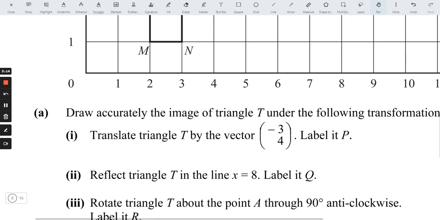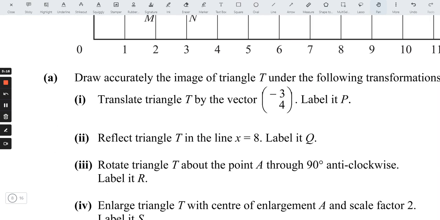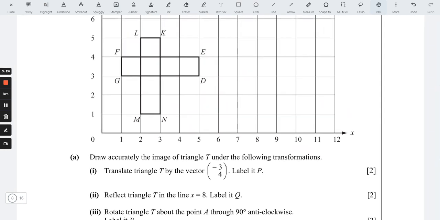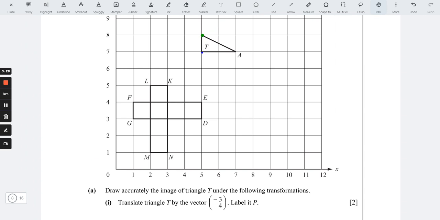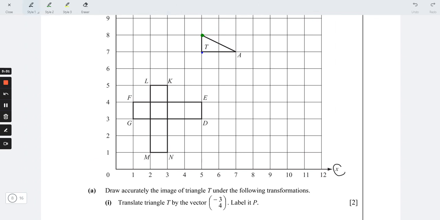Now let's move to reflect triangle T in the line x equal 8. So we have a mirror line or line of reflection. x is equal to 8, so here is the x-axis, 8 is here, so x equal 8 means whatever y is, x is always 8.